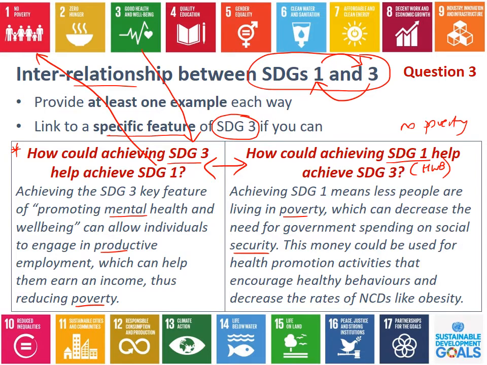This money could be used for health promotion activities that encourage healthy behaviours and decrease the rates of non-communicable diseases like obesity. Okay, so linking to a specific feature of SDG 3 rather than SDG 3 as a whole. Okay, so I want you to come up with your own examples, one for each direction of the relationship, in question 3.